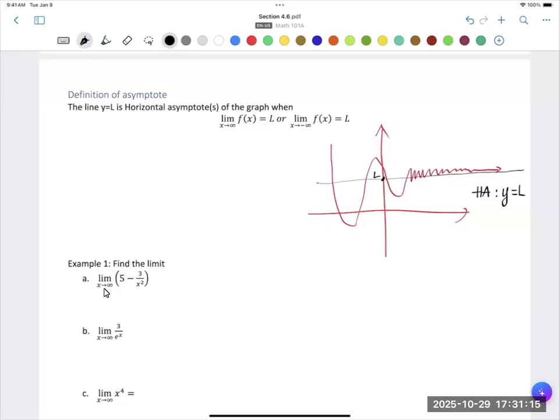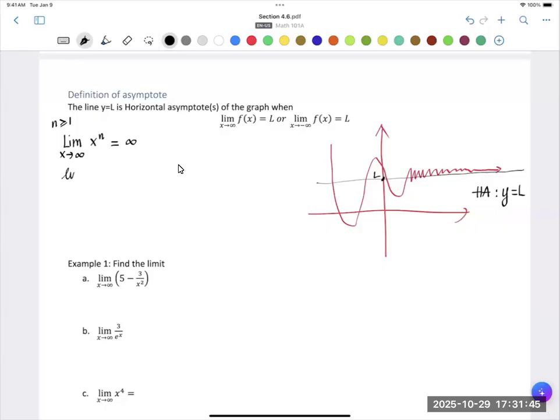Before we apply this to finding the limit or the horizontal asymptote, we want to see some important information first, some basic rules. If you have the limit as x approaches positive infinity of x to the power n, where of course n has to be greater than or equal to 1, then your limit will approach infinity.